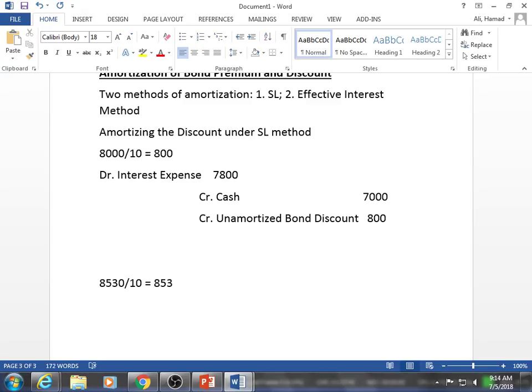So we have to amortize 853 every 6 months out of the premium.